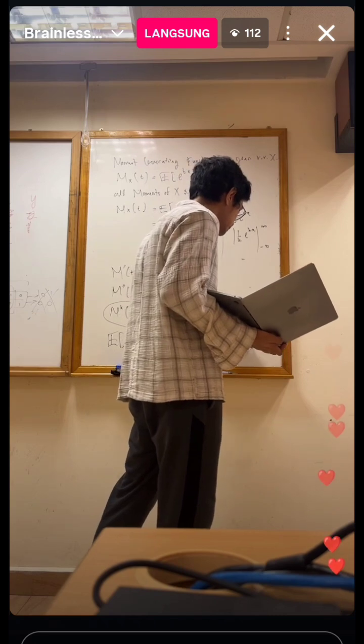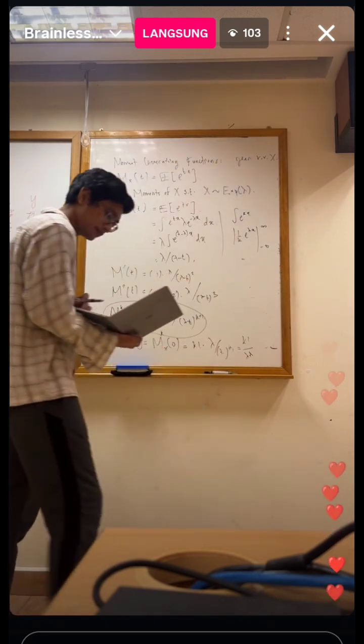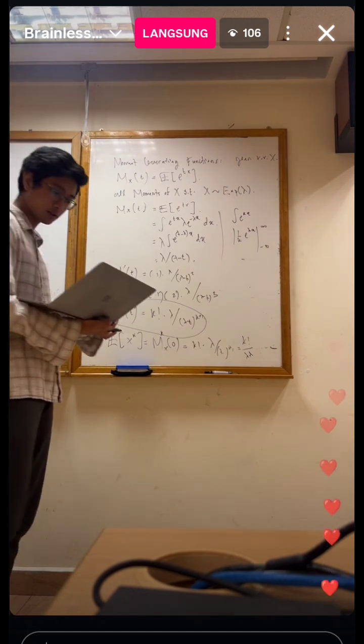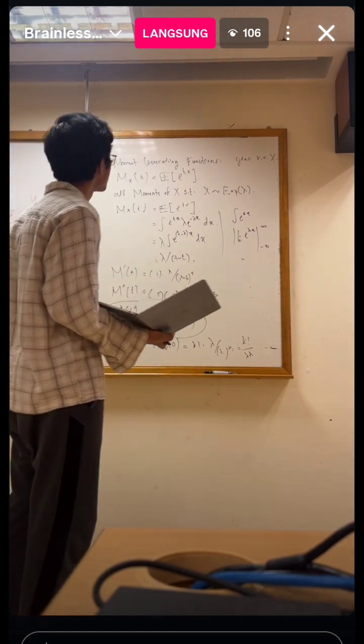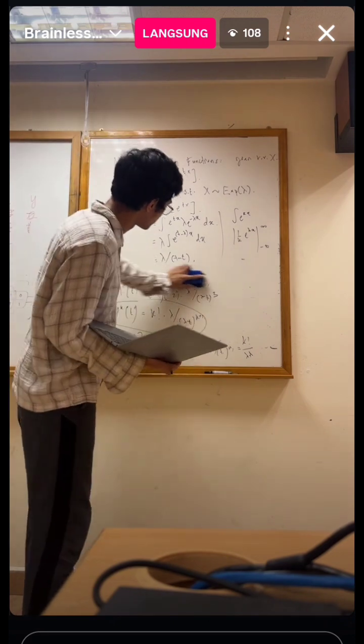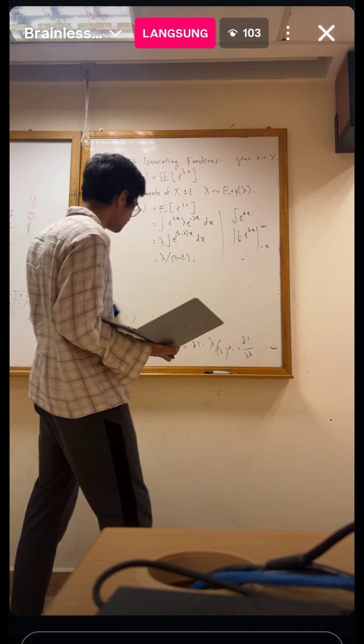Then you get k factorial over lambda to the power of k. Easy stuff. The rest of this is computational. It's not very interesting. So we will move on to Markov and Chebyshev's inequality.